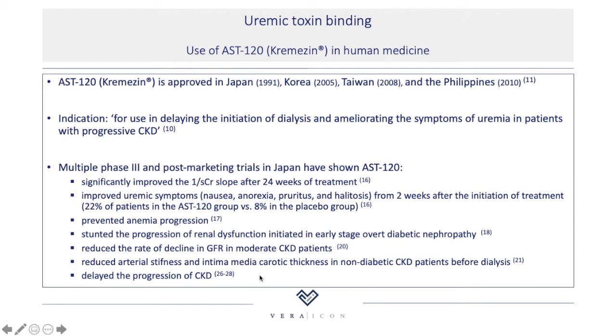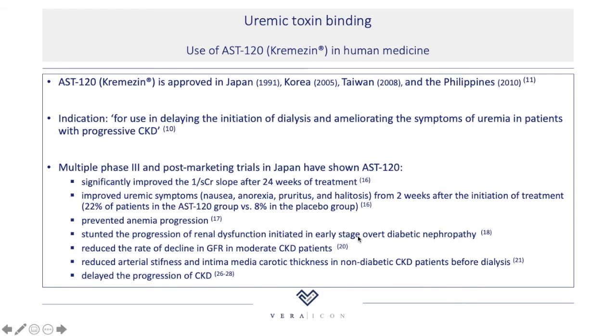They consistently show that AST-120 or Kremezin is able to delay the progression of CKD. It has been shown that it improves clinical signs of nausea, anorexia, and halitosis in these patients, compared to a placebo group.